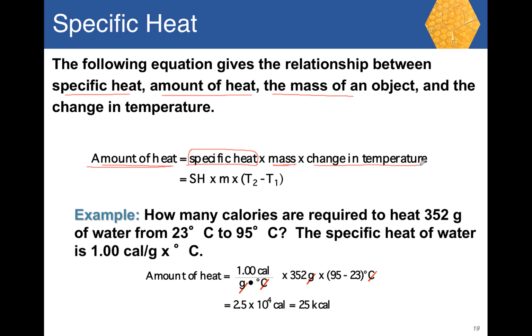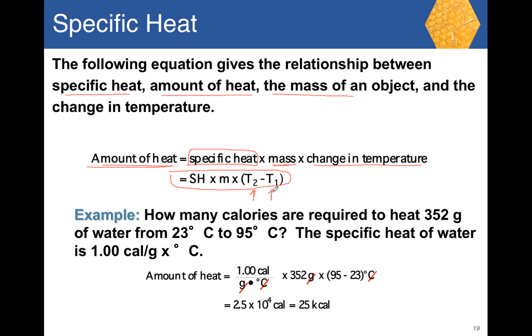Here is the equation. The amount of heat is equal to the specific heat, which we just looked at. And remember, that's a physical property, so it's a constant for every substance, times the mass of that substance. So you'll have to know how much of that substance you mixed with the cold substance. And of course, the change in temperature, so it's going to change from a temperature where it's hot to a temperature where it's much cooler because of the heat that's lost. Another way of writing that equation is shown right here. Notice this is T2 minus T1, or the T final minus T initial.